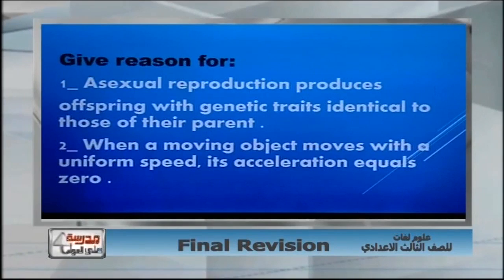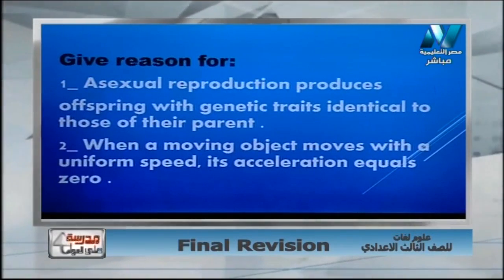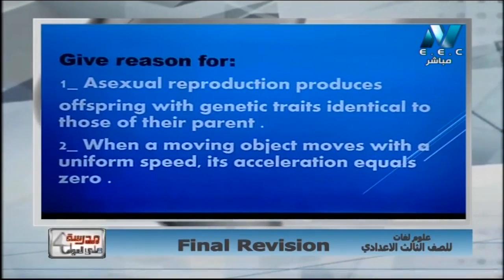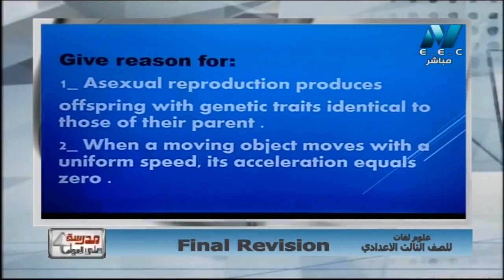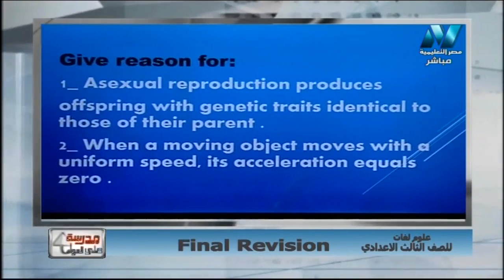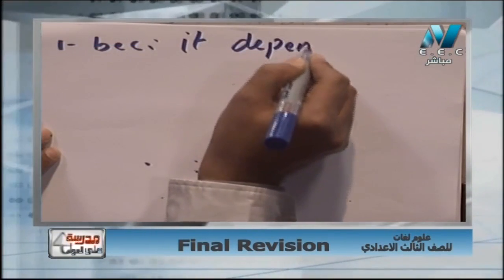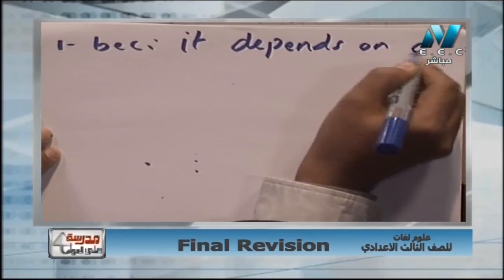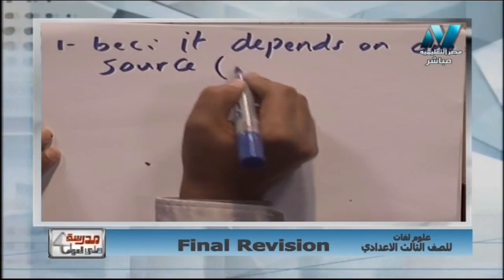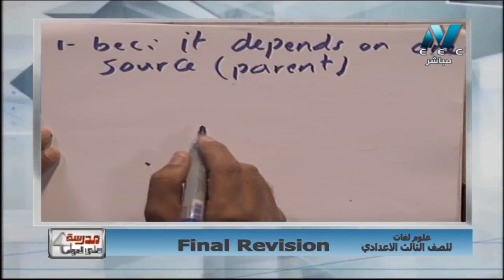By this point, we reached the end of the first question, scientific. Number 2 is give reason for. Number 1, asexual reproduction produces offspring with the genetic traits identical to those of their parents. Why? Because it depends on one source or one parent, as amoeba, euglena, paramecium.